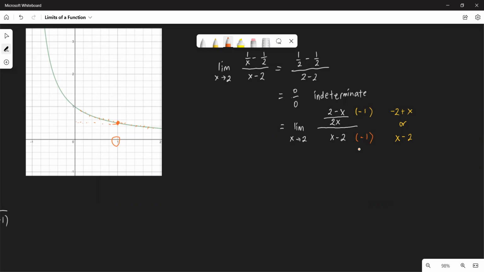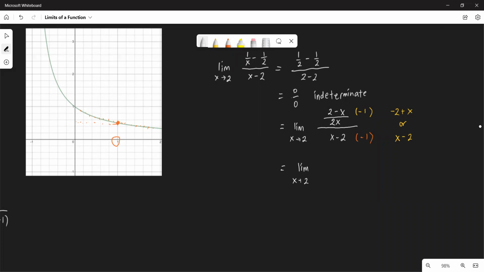Because -1 over -1 is just equal to +1. So no changes in the value of the fraction. There is no need to distribute the negative 1 to x minus 2 because the purpose here is to get rid of a common factor. So let me just write the new form.